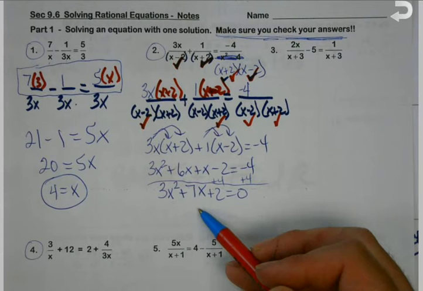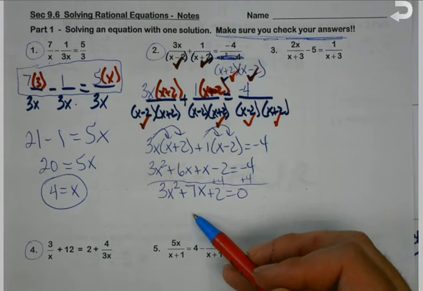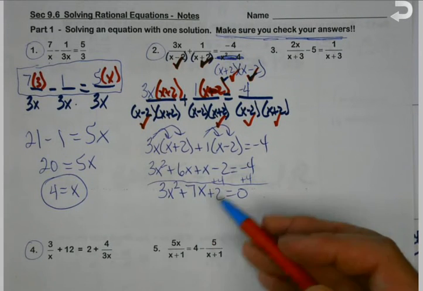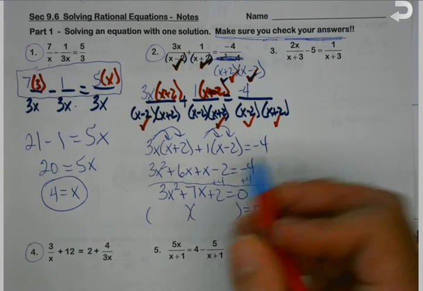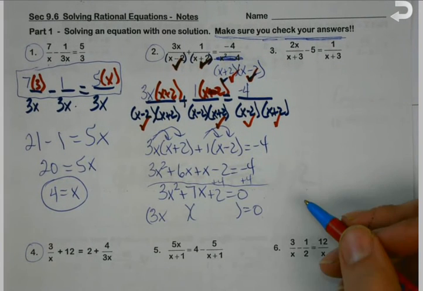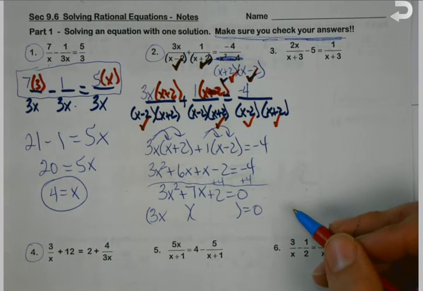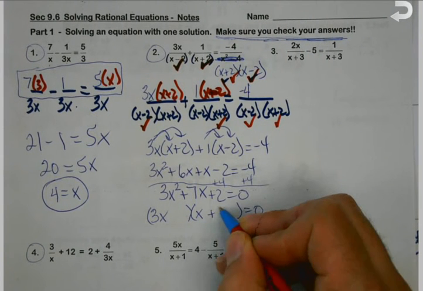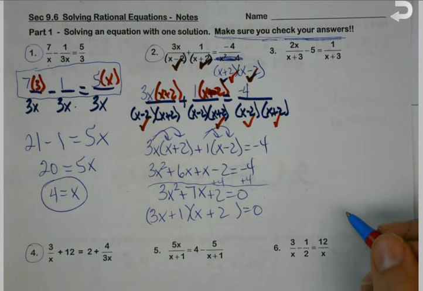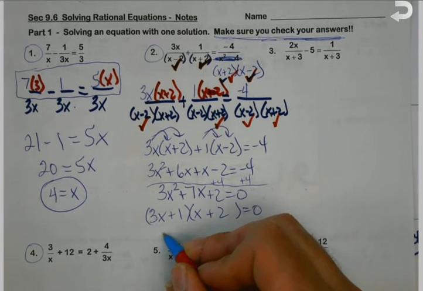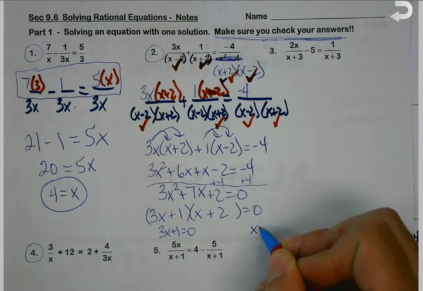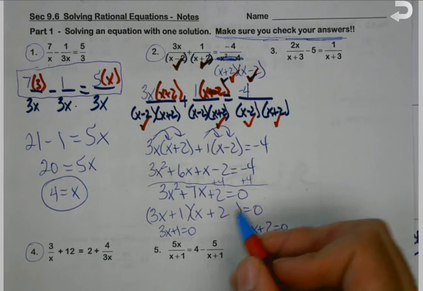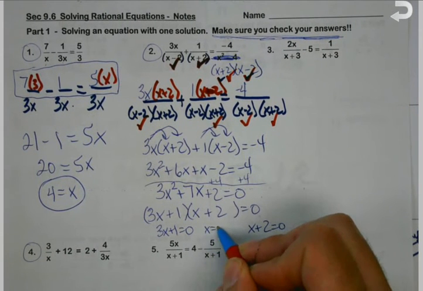Whether that's slide and divide, whether you're good at it mentally, it's up to you. But again, we've done this enough. I'm not going to include that here. So if you did your slide and divide, if you did your mental math here, those are the factors that you would end up with for this particular problem. And then again, we set those each equal to 0. And solve them.